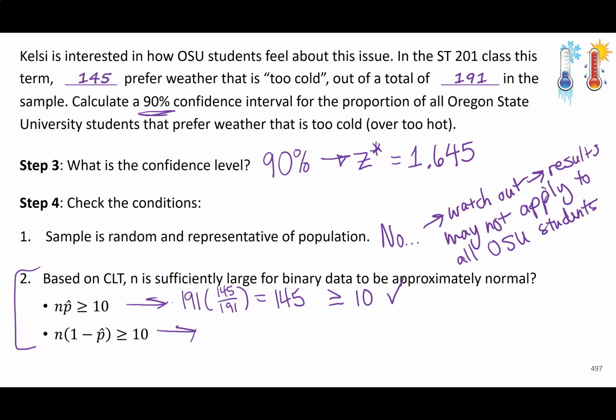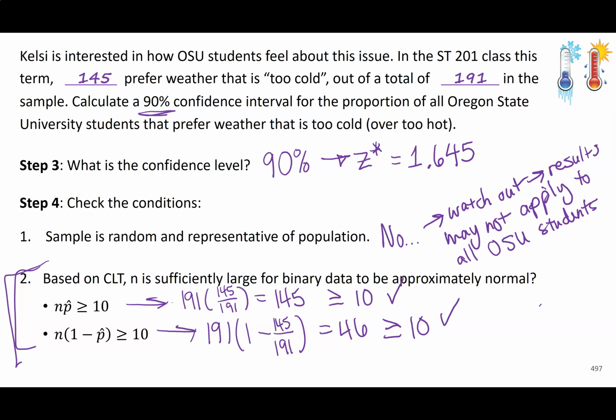And honestly, I know right off the bat, if I had 46 failures, or people who preferred hot weather, not that they're failures, that's definitely over 10 as well. But just to show you, 191 times 1 minus p hat, or 191 minus 145, you plug it in, you will get 46, and that is at least 10 as well.